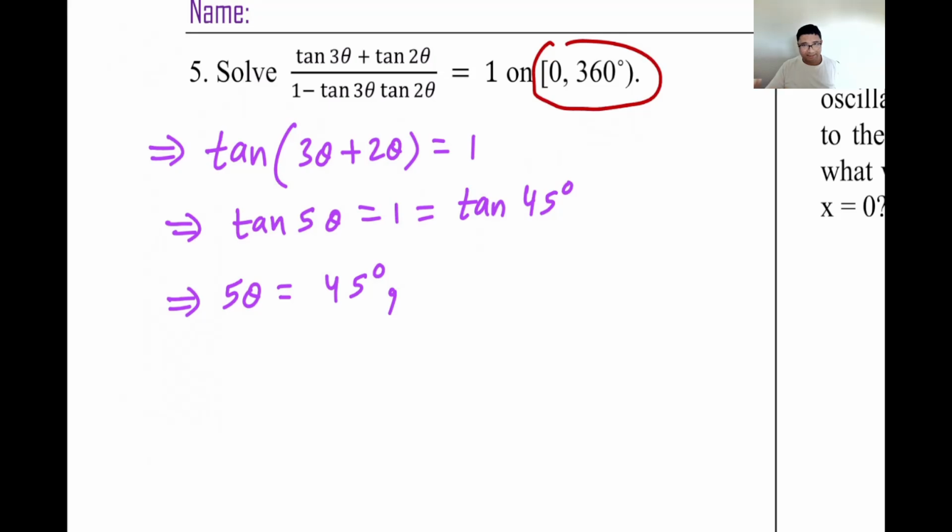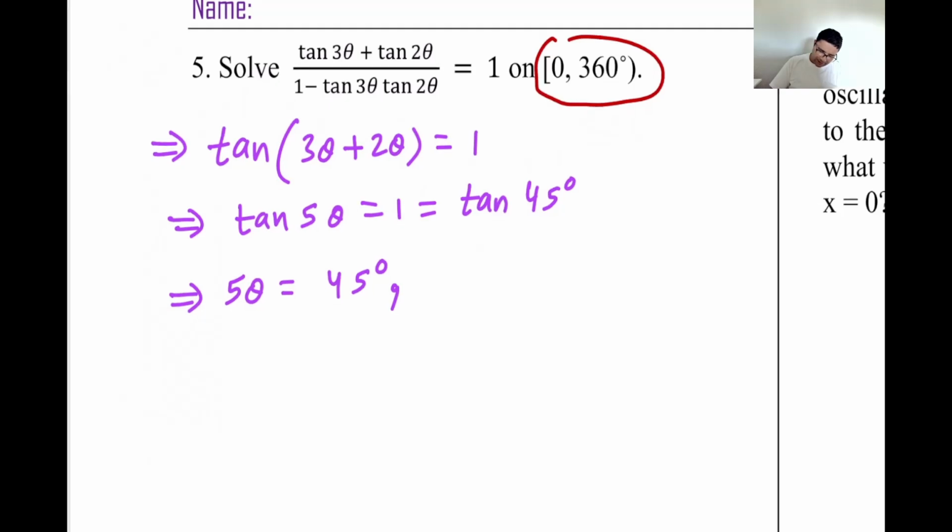Remember, that is for tangent. So plus 180 degrees. So 45 degrees, then 180 plus 45, 360 plus 45, and so on. How long do you want to continue? Until you get theta between 0 and 360.